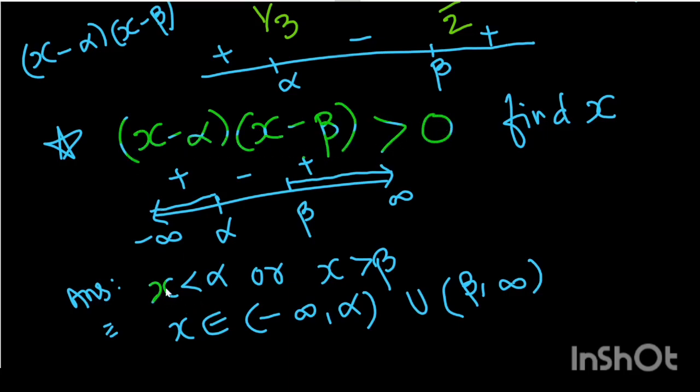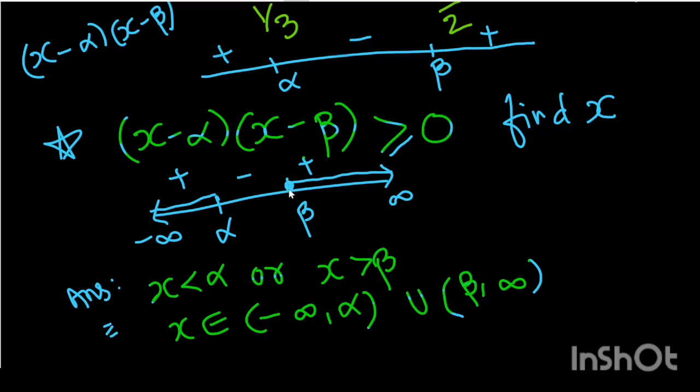You can either write it like this or like this, minus infinity to alpha union beta to infinity. Now suppose they ask greater than or equal to. In that case, which two points will we include in the solution set?